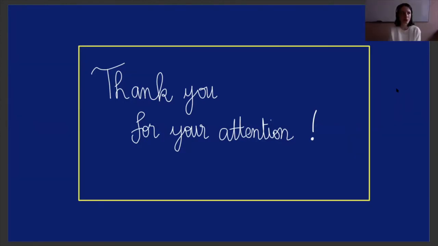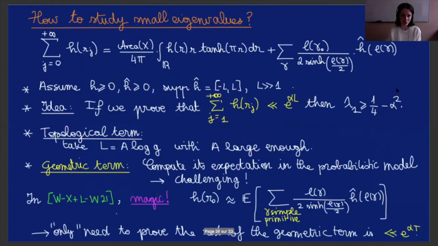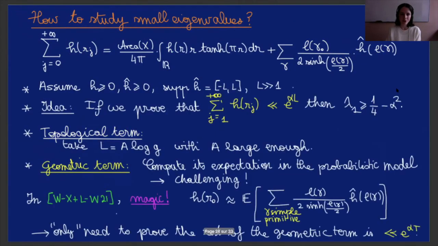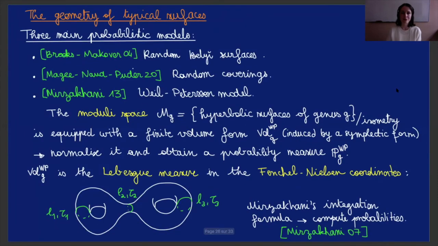So it's very deep actually. You could believe that there's a lot of choices here. When you cut your surface in Fenchel-Nielsen coordinates, you have to pick a pair of pants decomposition and initial angles for the twists, and there's a lot of choices.